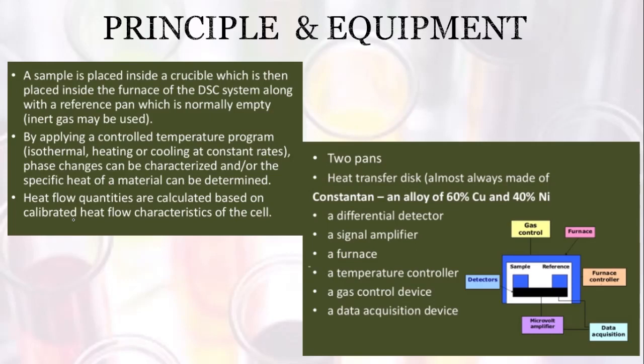The heat flow quantities are calculated based on the calibrated heat flow characteristics of the cell. So we have the two pans, sample and reference, put in a crucible, and then we have a furnace controller. Any heat transfer changes that occur will be determined and quantified, and now we can understand the various heat flow characteristics of the sample of interest.